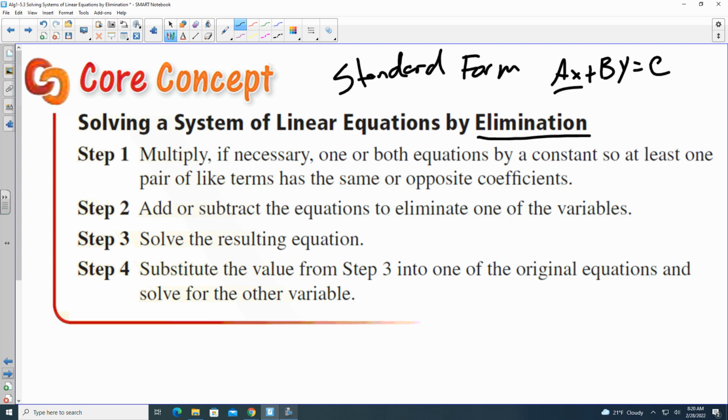Have x be your first term, y be your second term, and it's equal to a constant value. Then from there, we can add or subtract the equations to eliminate one of the variables. Then you're going to solve for the variable that's left over. And then finally, you're going to substitute that value in for whatever it is into one of the original equations to get the other variable.